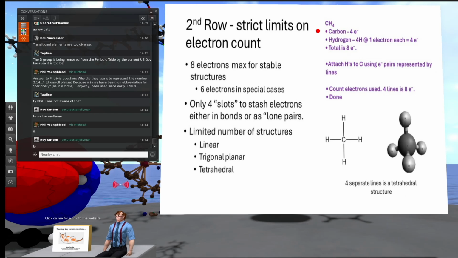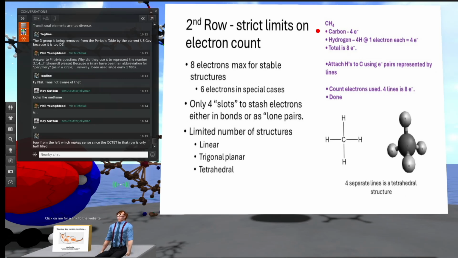So carbon is element number 6, but if you count columns and ignore the transition elements, it's 4th from the left of the periodic table. Hydrogen, well, hydrogen is in the first column. Hydrogen only has 1 electron. There are 4 hydrogens. That means there's 4 electrons. We have 8 total electrons to play with for this, right?